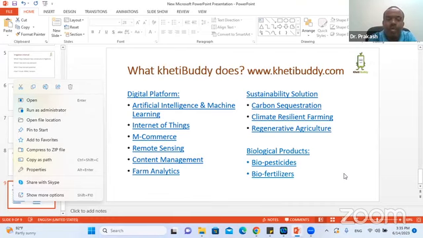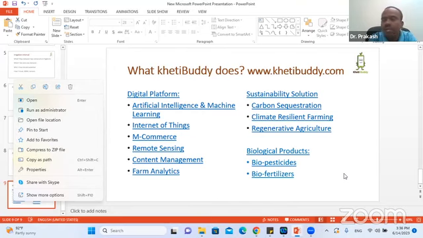Then IoT devices, that is Internet of Things. We are a provider of different types of sensors for giving good quality yield. Then we have a commerce platform, where we provide different input organizations a digital platform for selling their products. Then remote sensing.